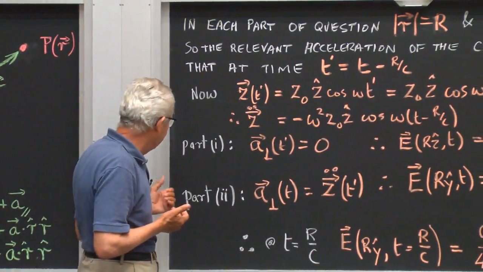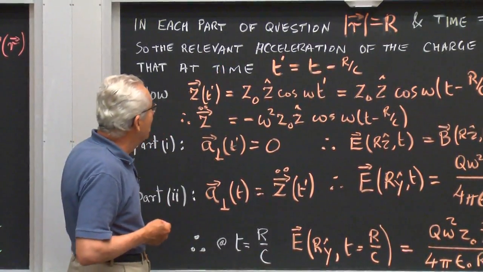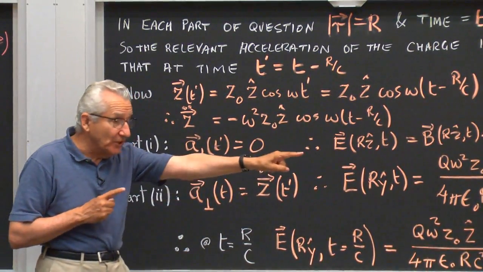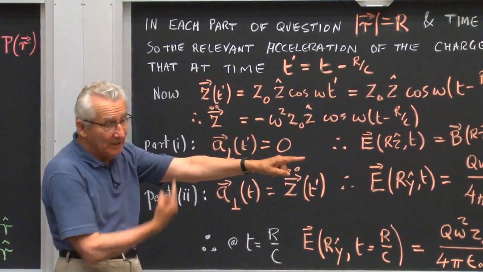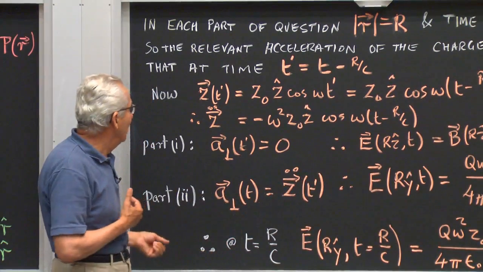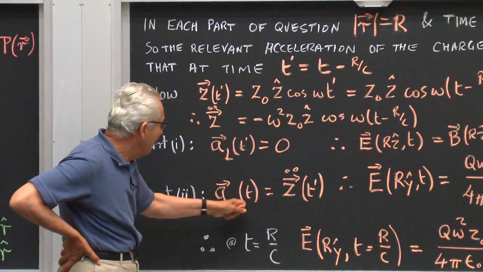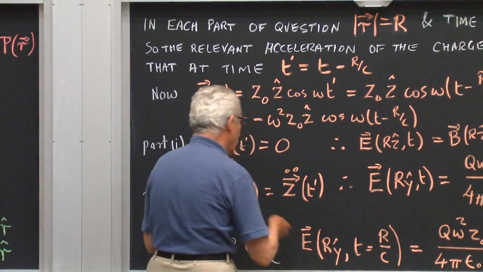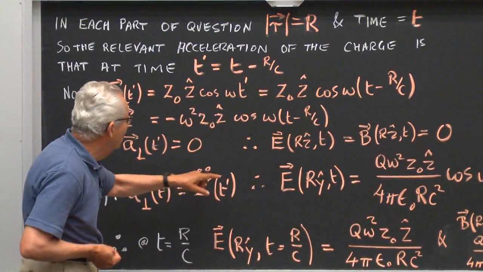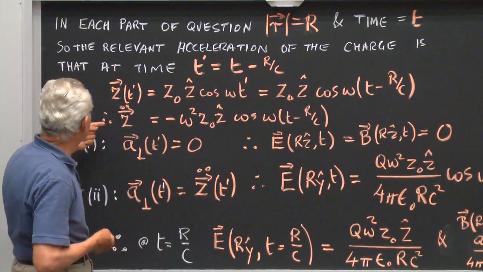Let's go to the second part. How about in a direction which is along the y-axis? So in the y direction, if something is accelerating in the z direction, that is perpendicular to the y-axis. For the second part, the acceleration of the charge at time t prime is simply, I have to take this and differentiate it twice, and so we've done it.